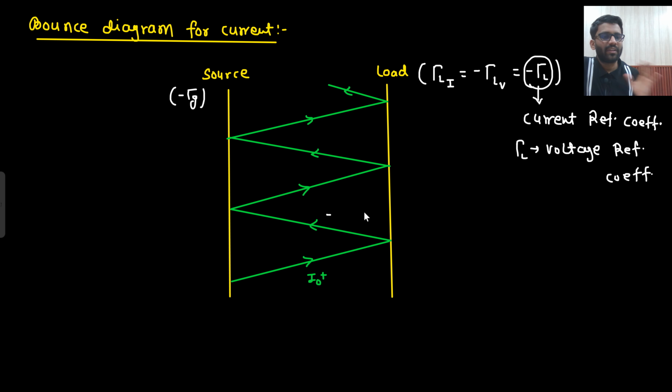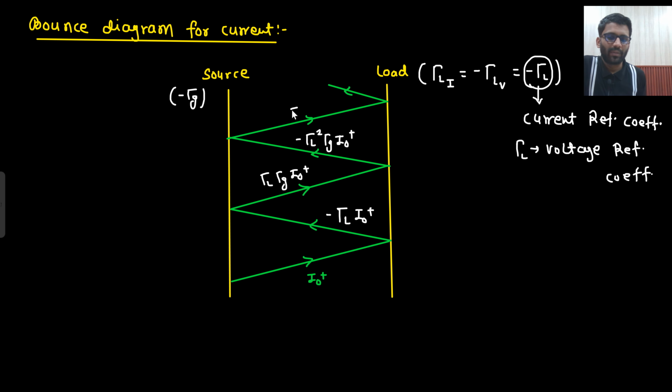We will solve the problem. In the problems, this negative and positive will not be that difficult for you, because there you will get to know that if you are calculating the voltage reflection coefficient, then for the current reflection coefficient you just need to put a negative sign. But here, just for writing the expression, this is how we will write it. Then again it will be multiplied with gamma G. So gamma L, gamma G, I naught plus. Now again multiplied with gamma L, so gamma L square, gamma G, I naught plus, but there will be a negative sign.